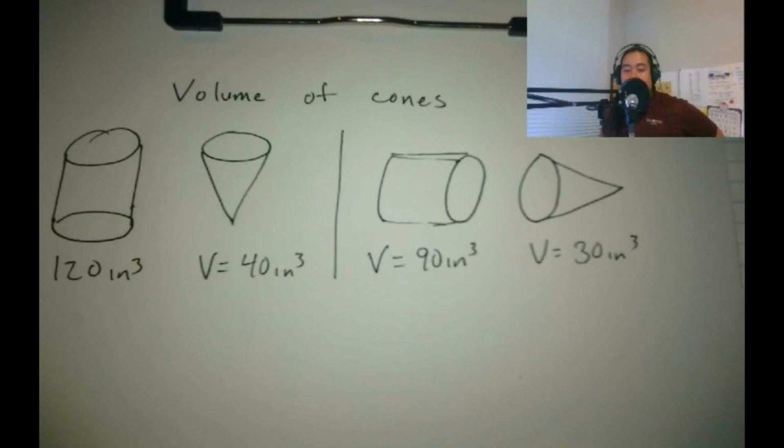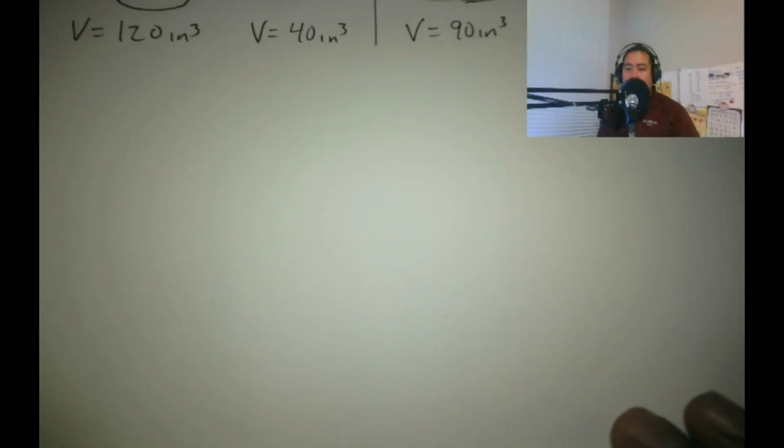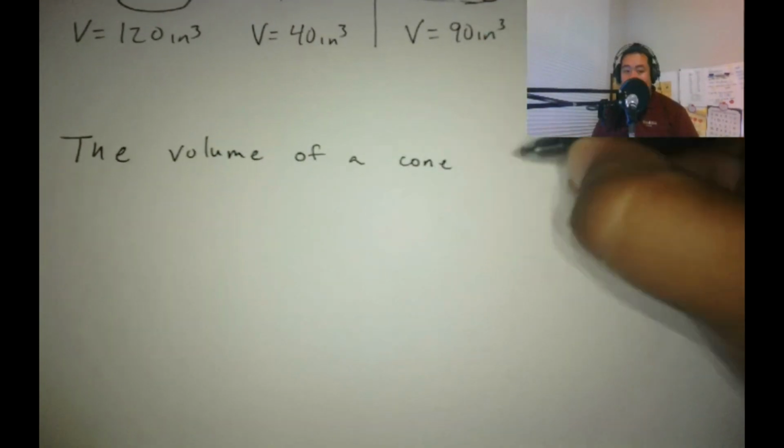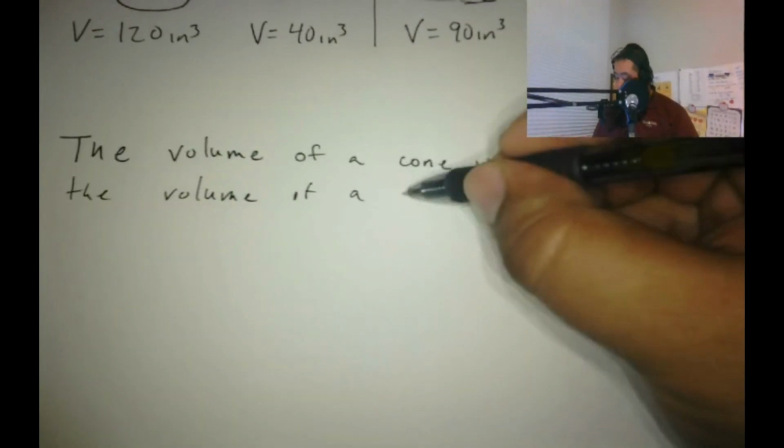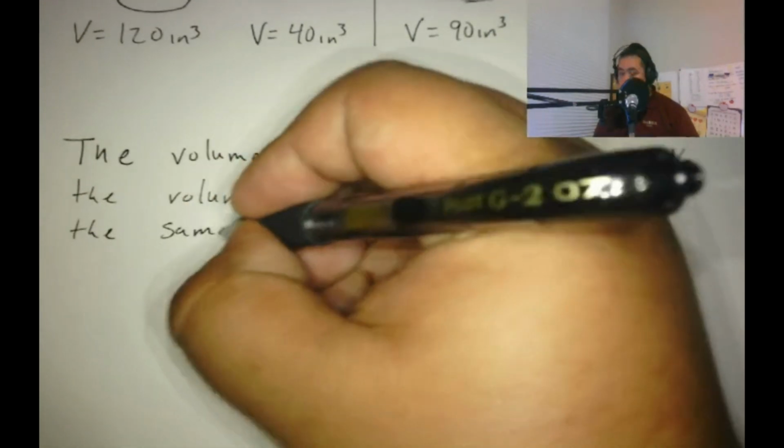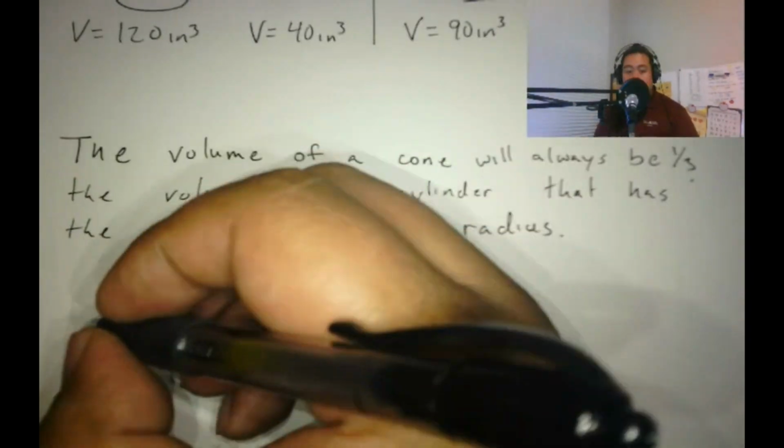So let's go ahead and write down some notes to match this information that we're learning about the volume of cones. The volume of a cone will always be 1/3 the volume of a cylinder that has the same height and radius.